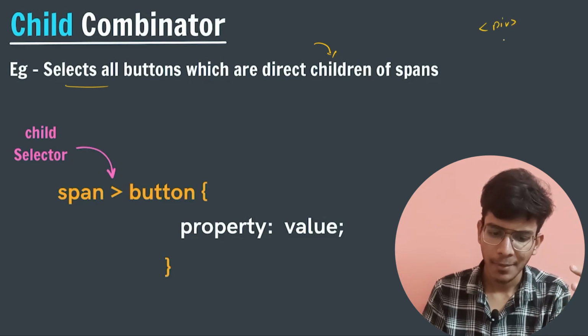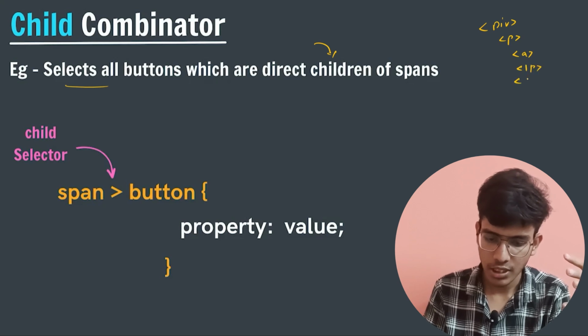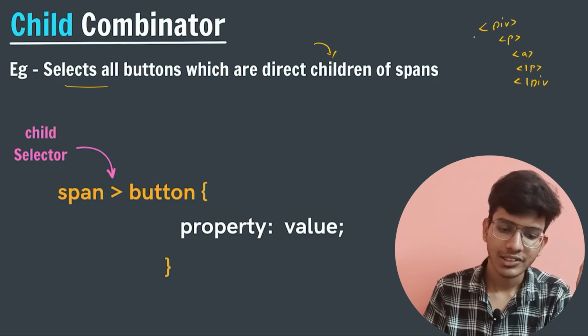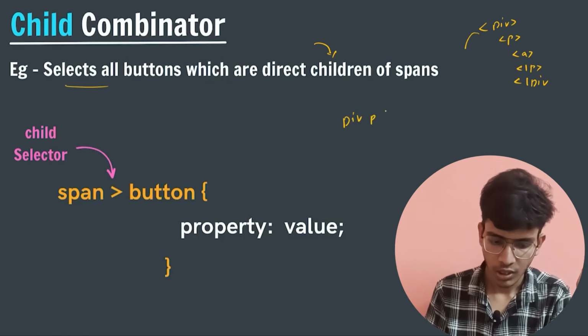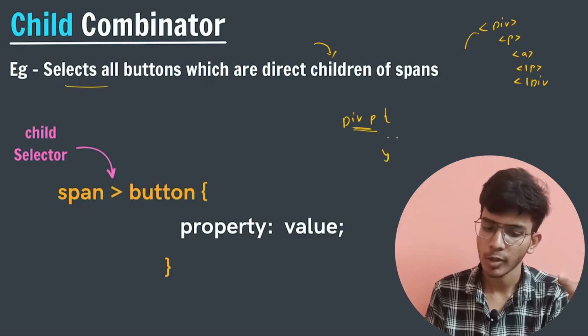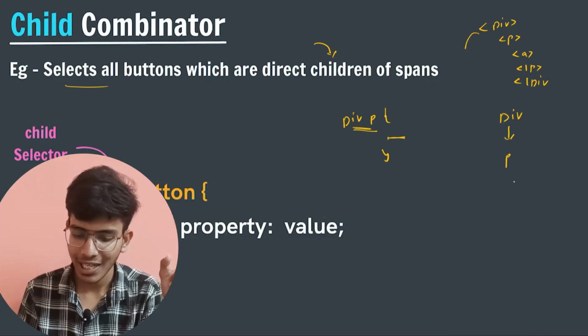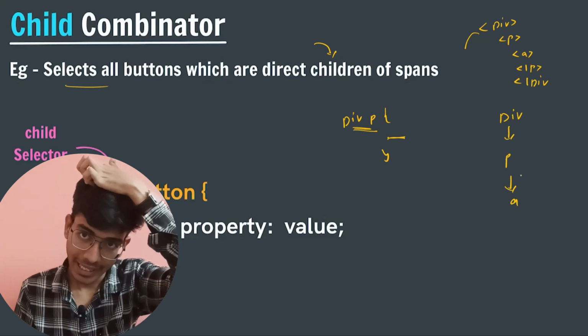So here I'm having a paragraph tag, and inside that paragraph tag I'm having an anchor tag, and a div. Now for this I'm giving div and p, and I'm using descendant selectors and giving some properties. So div is having para and para is having anchor tag, as this is the flow, right? This is the inheritance flow.